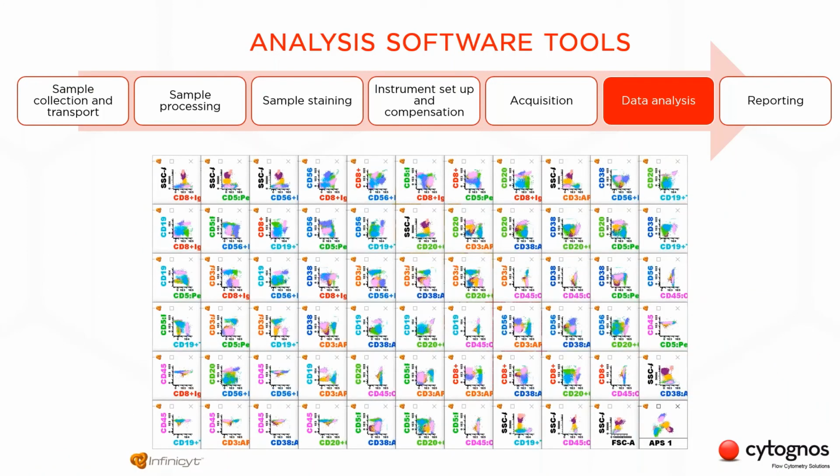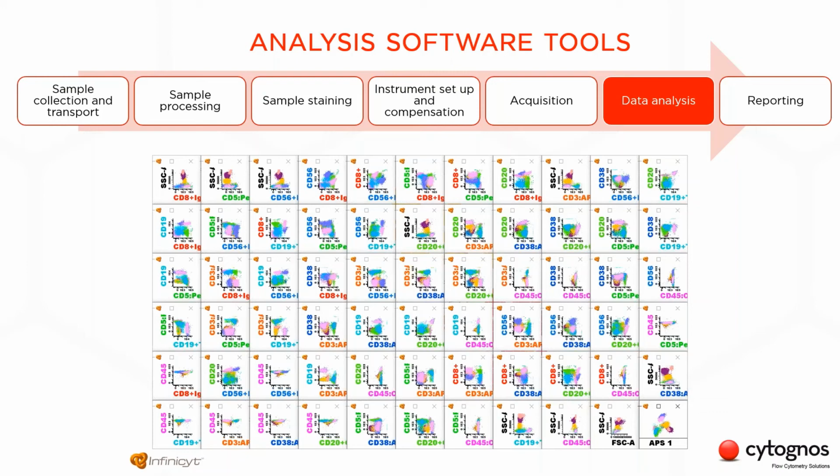Also, we need tools to simplify the multi-parameter analysis. As flow cytometry technology evolves, there are more and more parameters to analyze. In this slide, we have all the possible combinations of markers in an 8-color panel, and that's a total of 64 diagrams.